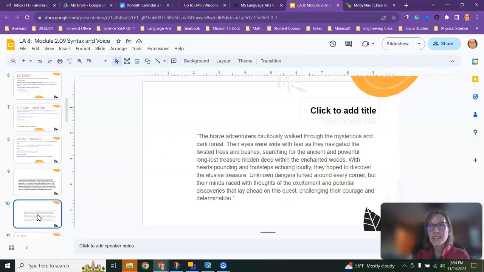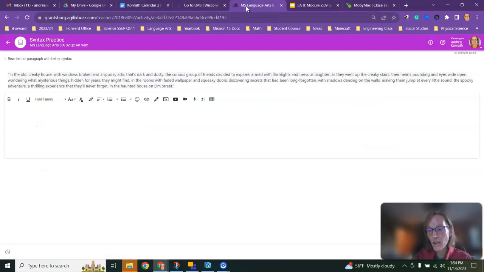Add some periods, combine some ideas, make this paragraph sound better. Work on the syntax. You can just write it right in here, right in this little comment box. That's your assignment for today. Not too shabby. When you're done, you can submit.